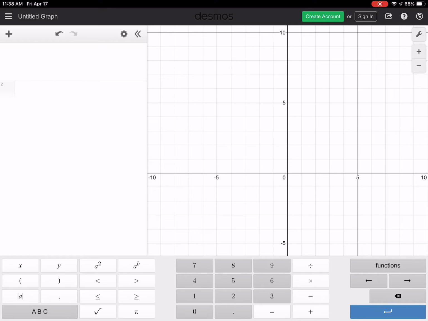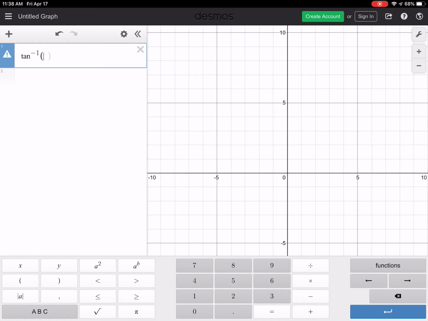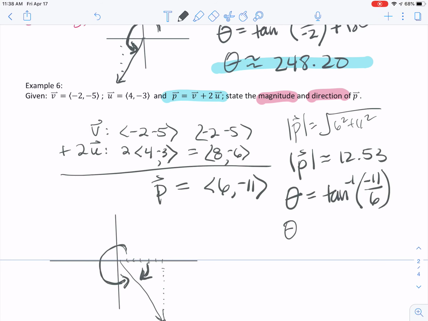So, okay. So we're going to go functions, tan inverse, negative 11 divided by 6, and it's negative 61.39. So we got theta is approximately negative 61.39 degrees. And that's right. If you want to, you can add 180 to that.